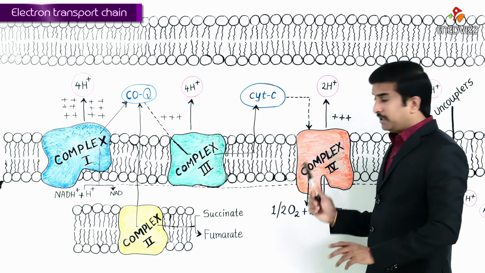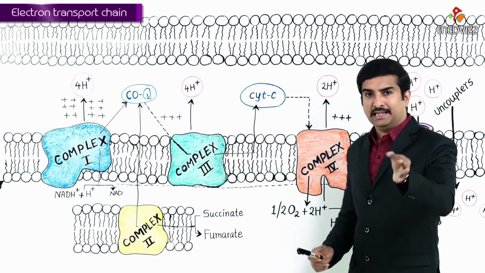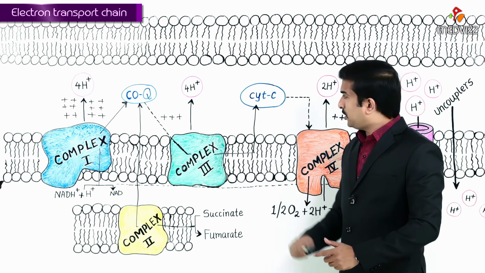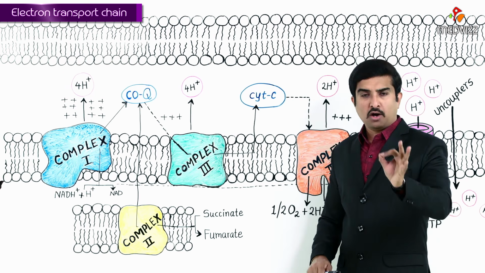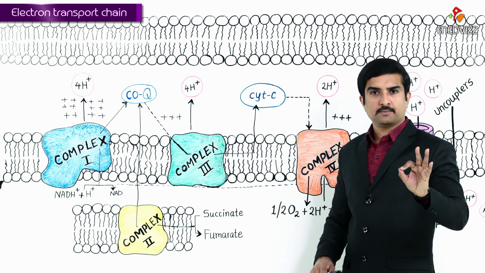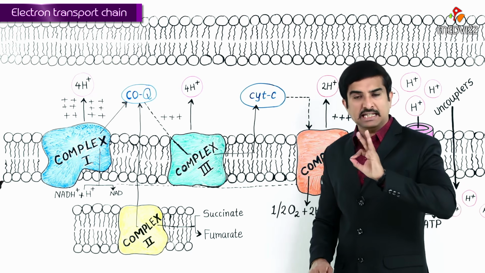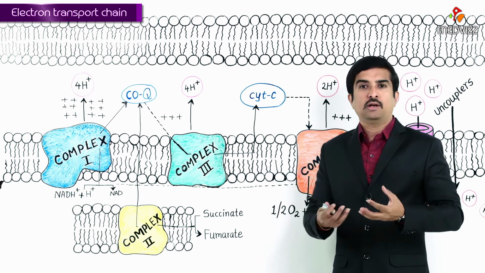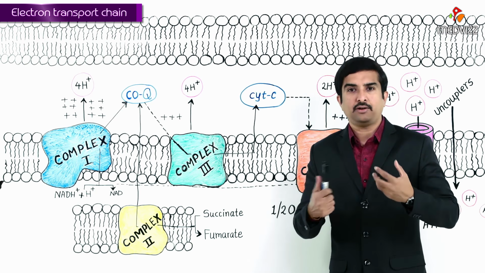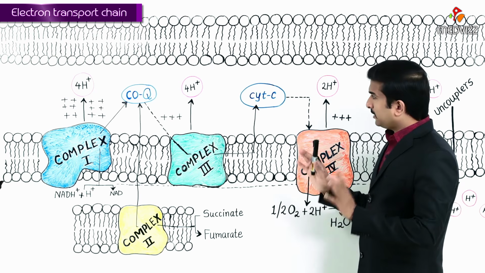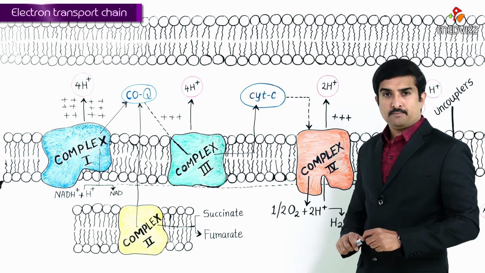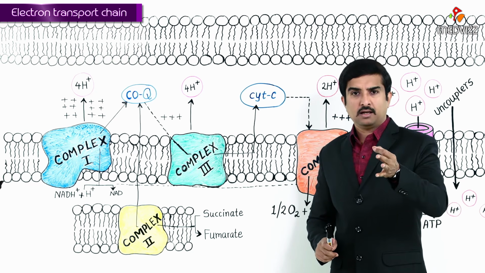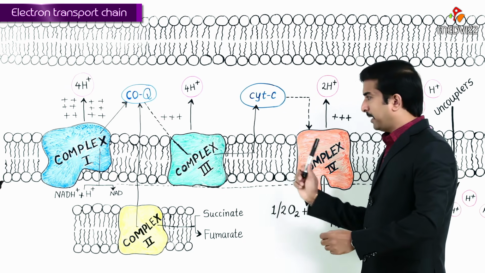Coenzyme Q as well as cytochrome C are not part of any complexes, and that's the reason they are not fixed in the inner mitochondrial membrane. They just act like an electron acceptor or electron carrier. But other than coenzyme Q and cytochrome C, all other components of the ETC are part of the inner mitochondrial membrane.